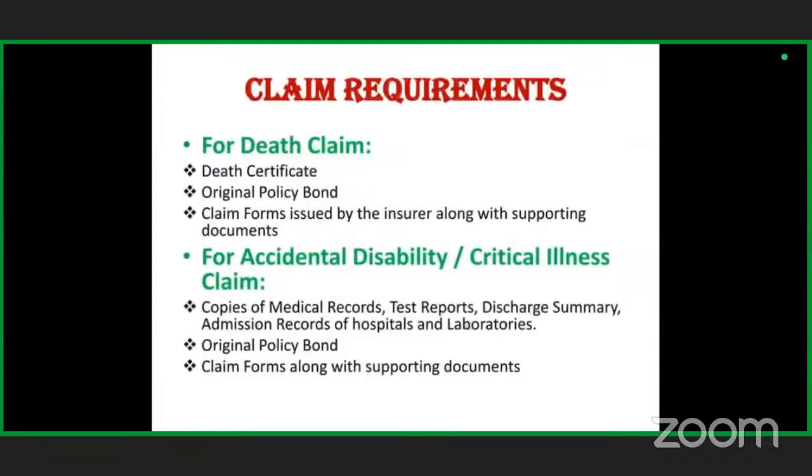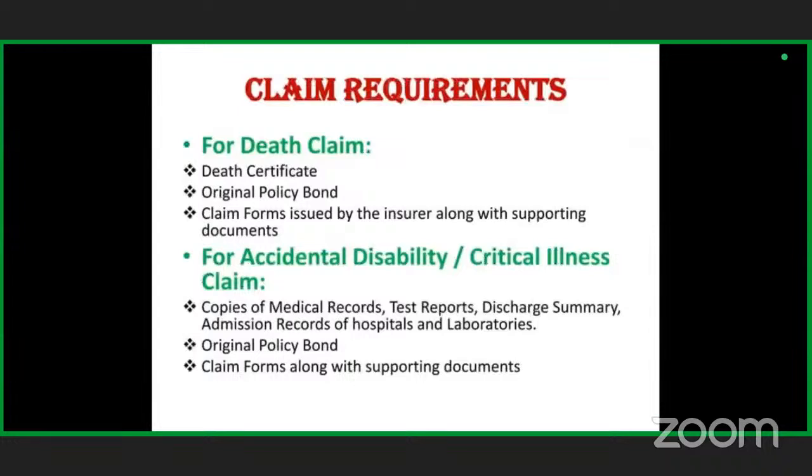Then claim requirements. What kind of claim requirements would be there? For a death claim, you have to submit a death certificate, the original policy bond, and claim forms issued by the insurer along with the supporting documents. So the claim form has to be taken from the insurance company, either at the nearest branch, or from the agent, or from the website of the insurance company.